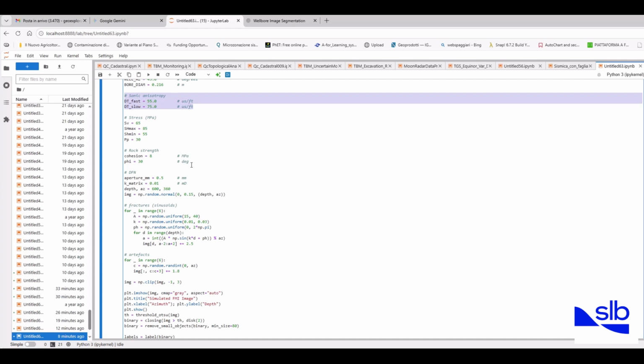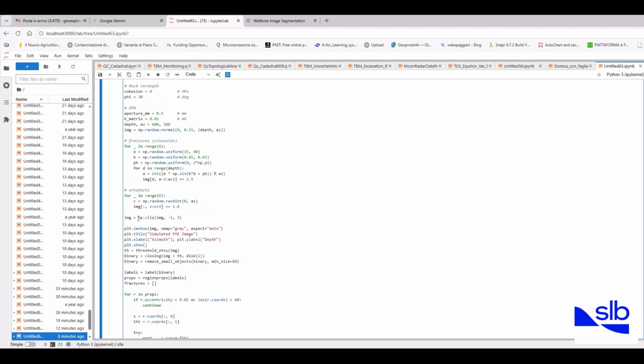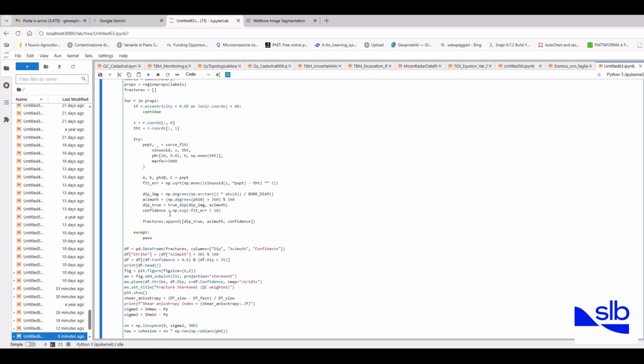The DFM, the aperture by millimeters, is that. The K matrix is this, and the fracture is this. For in this range you can have this, the artifacts for in this range, and finally you can pass by the filter.